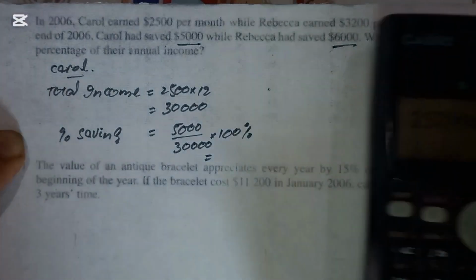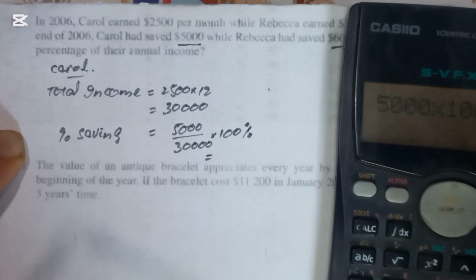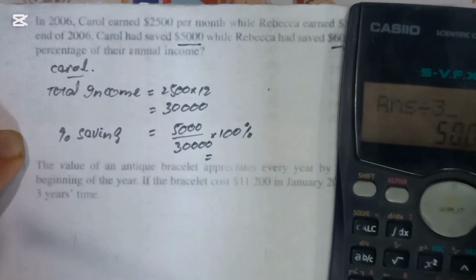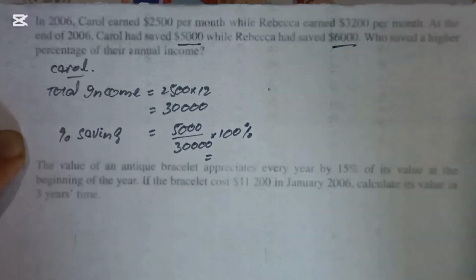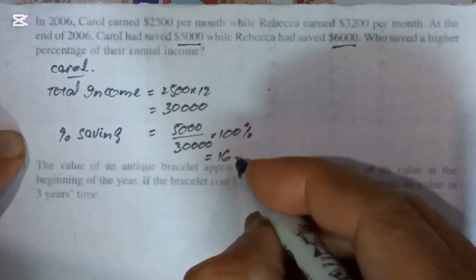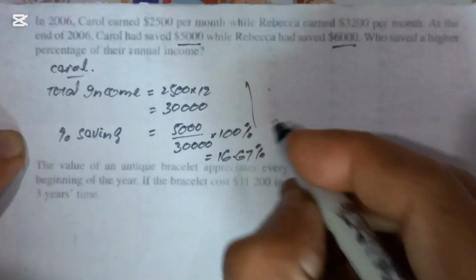So the answer will be 5,000 multiplied by 100 divided by 30,000, equal to 16.67%. So this is the percentage saving for Carol.